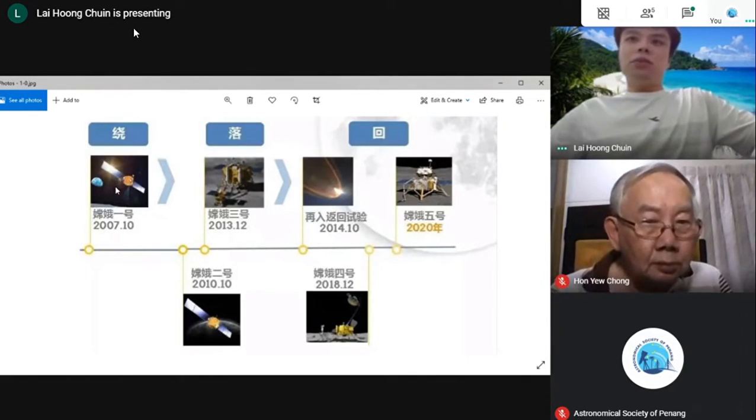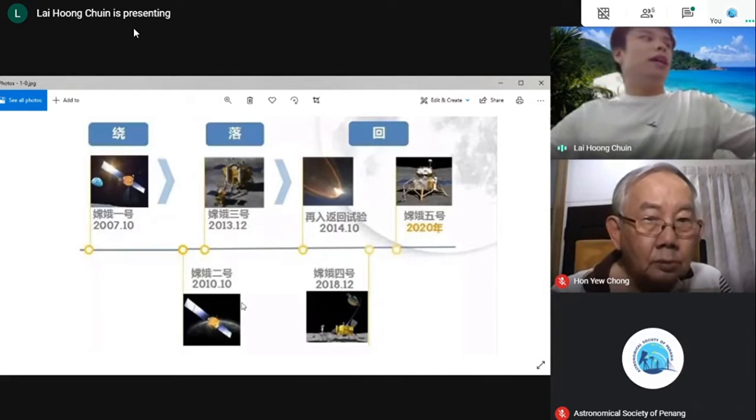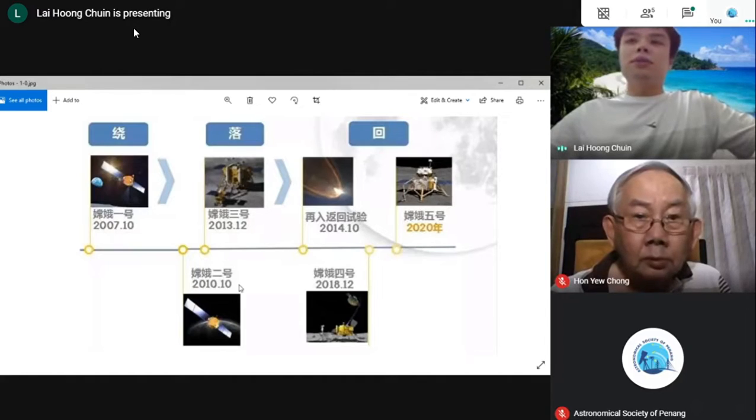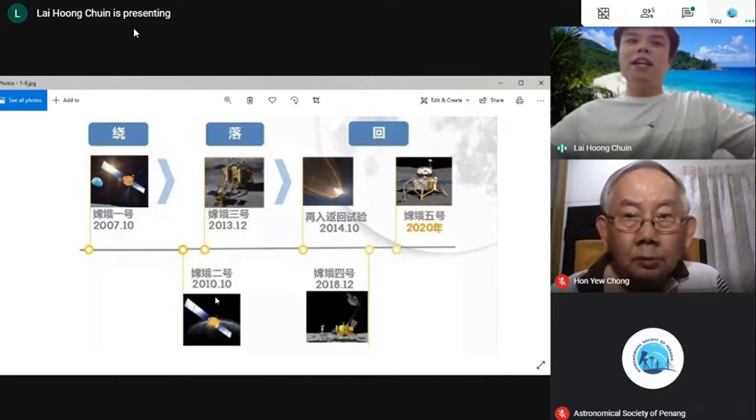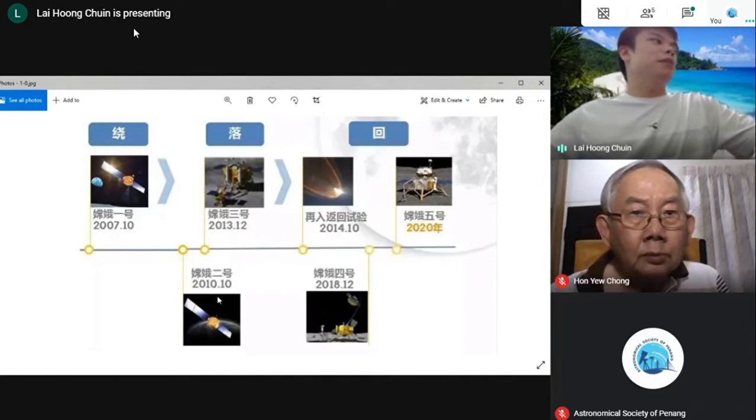After 3 years, in October 2010, Chang'e 2 had basically the same mission as Chang'e 1, but the slight difference is that this time they improved the camera, improved the antenna system, and created some experiments.